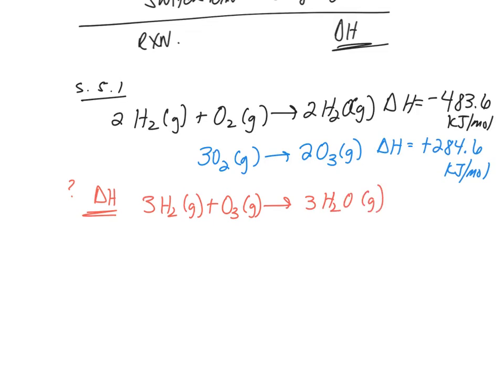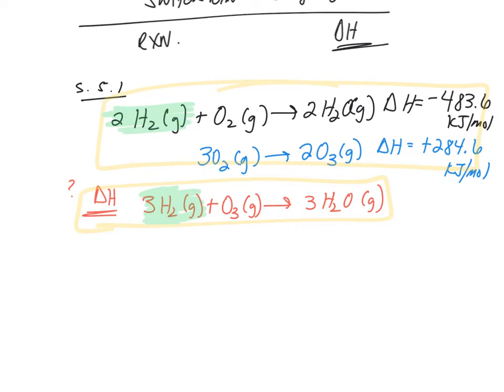So we got to rearrange these two to give us this one. So what I do is I go to this first and I say, where can I find hydrogen gas? Okay, so I found hydrogen gas.